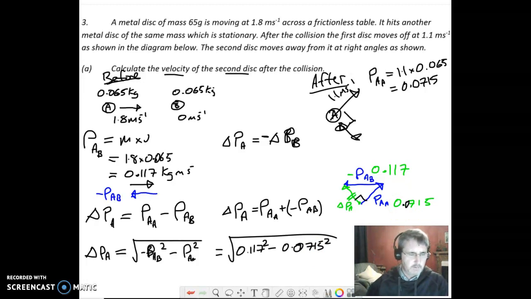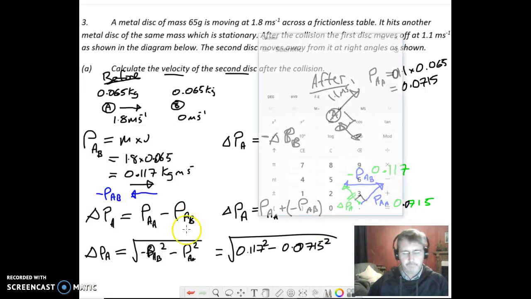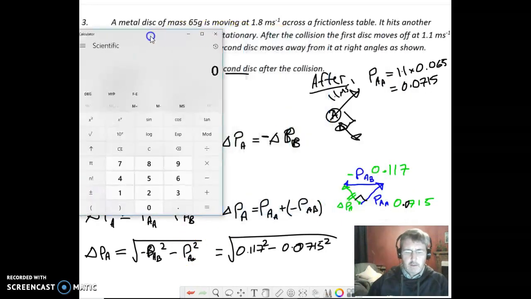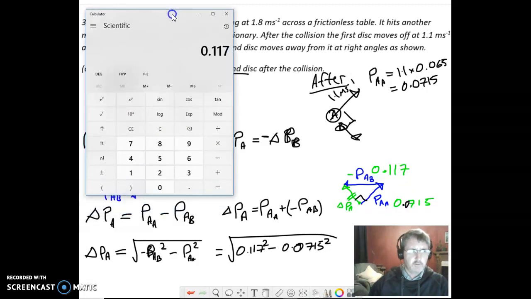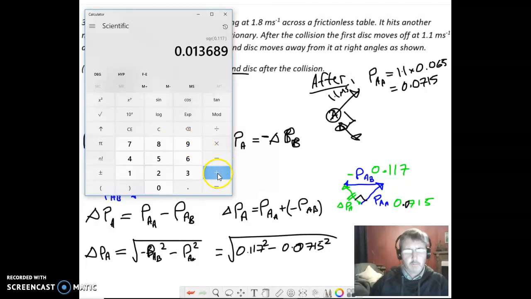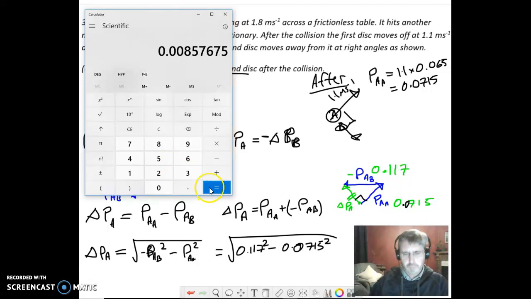So I get my calculator out, and I put in 0.117, let me just square that, minus 0.0715 squared, equals, and I want to find the square root of that.